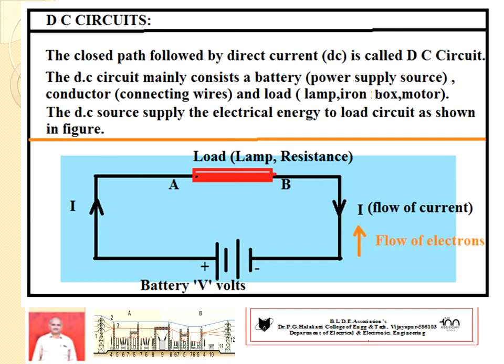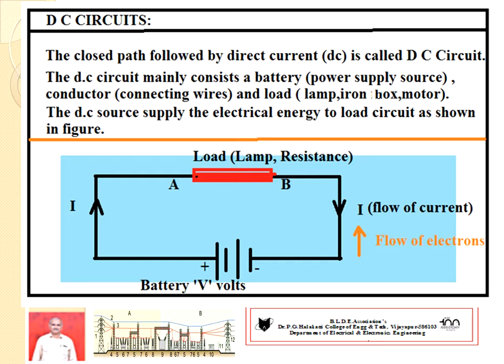A DC circuit mainly consists of a battery, that is a voltage source, connecting wires and a load. Load may be a lamp, an iron box, a motor, a conductor, whatever electrical appliance, is known as load.